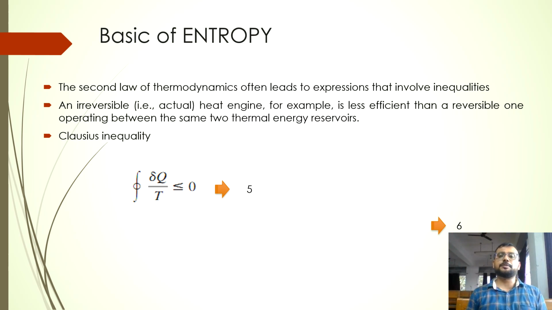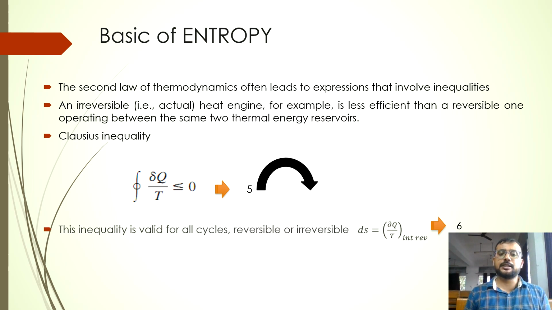And the second law of thermodynamics often leads to expressions that involve inequalities. An irreversible, that is actual, heat engine, for example, is less efficient than a reversible one operating between the same two thermal energy reservoirs, by which the inequality comes as the cyclic integral of delta Q by T, the thermal degradation of heat, is less than or equal to 0.